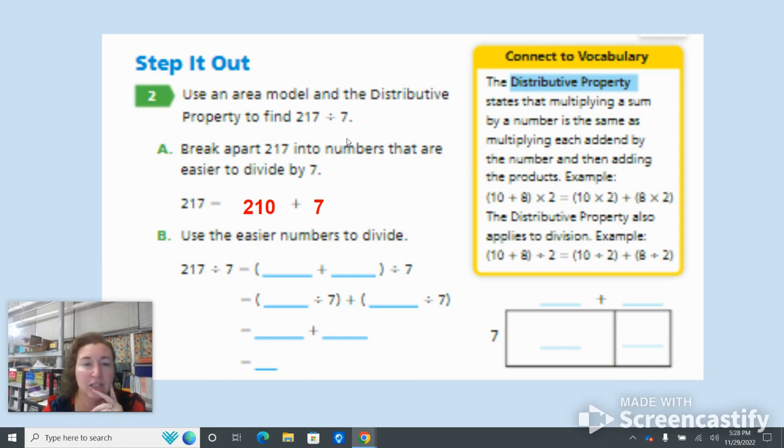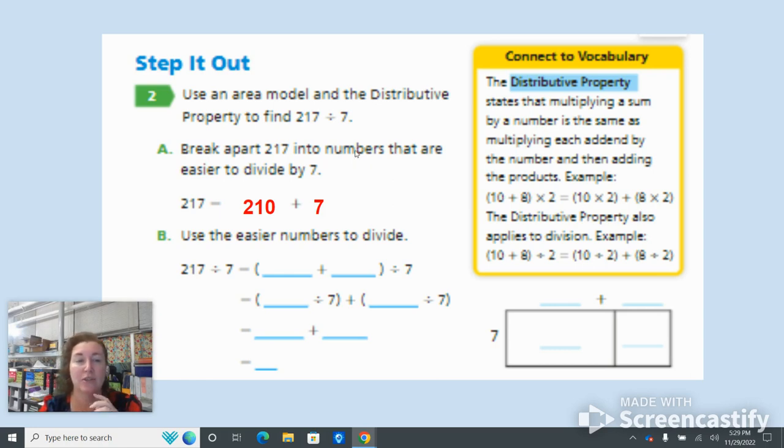So in this problem, it's 217 divided by 7. So we have to break up 217 into 2 parts that are both easy to divide by 7. Now, for us grown-ups, that comes fairly easy. I can break 217 into 210 and 7, 210 plus 7.